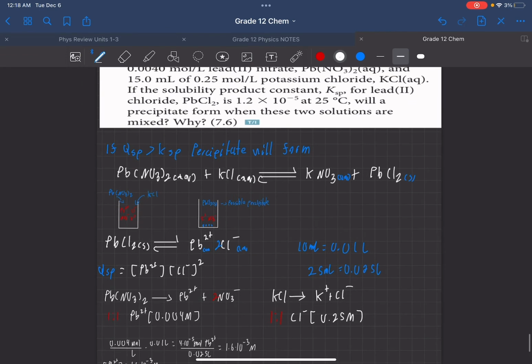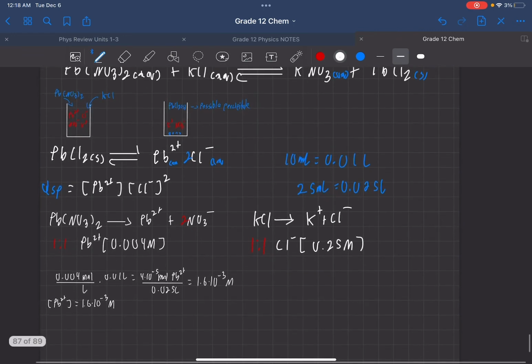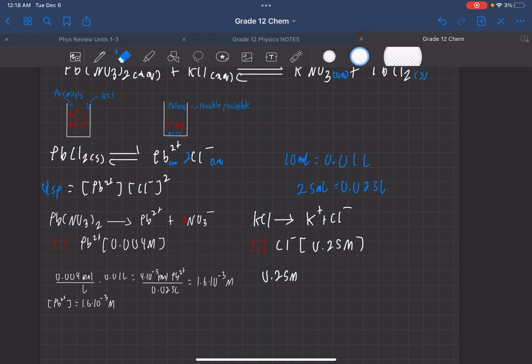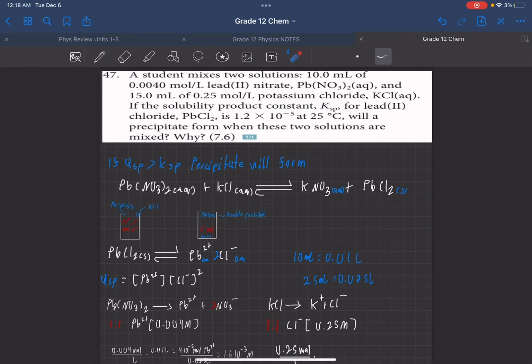And as we said before, that is before we put it into solution. So 0.25 molar, so moles per liter, and we're using 15 milliliters of this. So let's write over here, 15 milliliters equals 15 divided by 1,000, 0.015 liters.